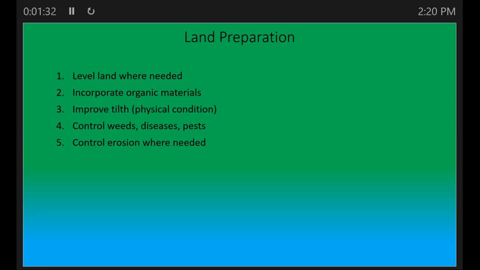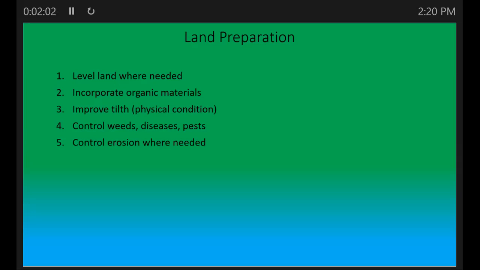They now know that feeding synthetic, inorganic, mineral nutrients to the soil over and over is not always the best strategy. Organic materials need to be put into the soil system on a regular basis. Tilth is a fancy word, but basically they're just saying the physical condition of the soil composition, the soil aggregates, the soil pore sizes, all of that.